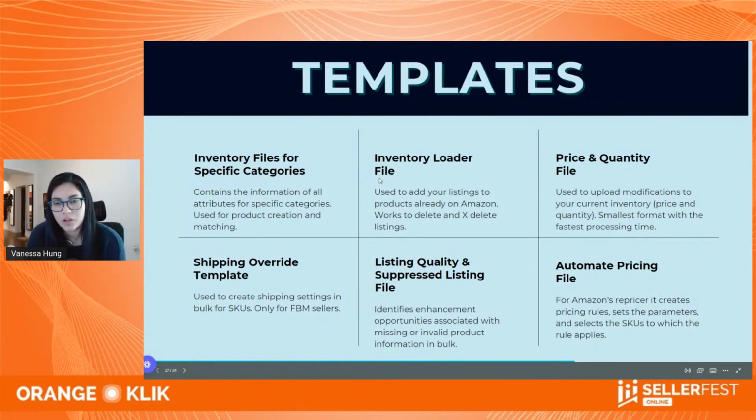Then we have the inventory loader file, probably one of the most powerful flat files of all in the whole system, and it's so powerful with one feature, the X delete feature. The X delete is a way to delete things in your catalog without using the regular Seller Central UI when you click delete product, delete or close product.